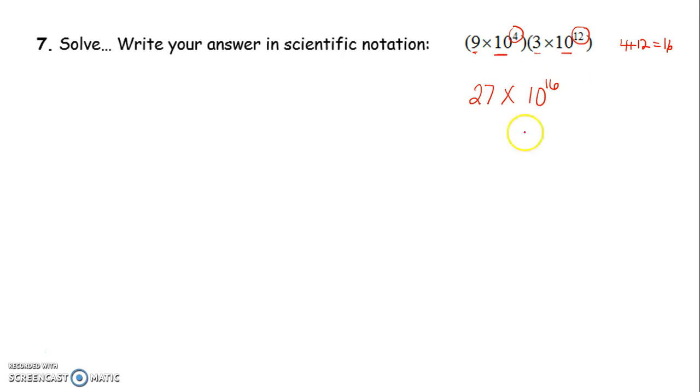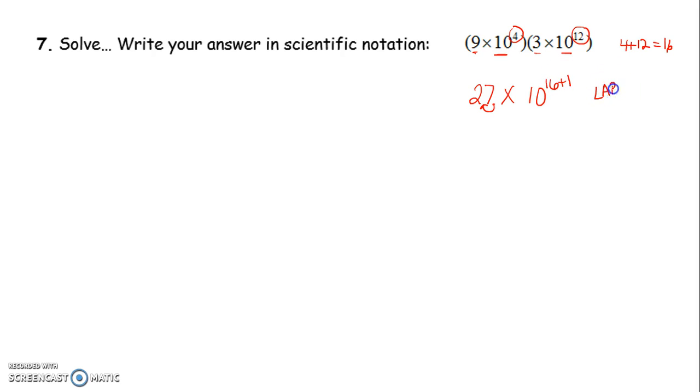This isn't in scientific notation yet, though, because our first factor has to be between 1 and 10. So right now, the decimal point is at the end of the number. We actually need to move it 1 to the left. And your teachers may have reminded you LA, like LA notebook, left add.